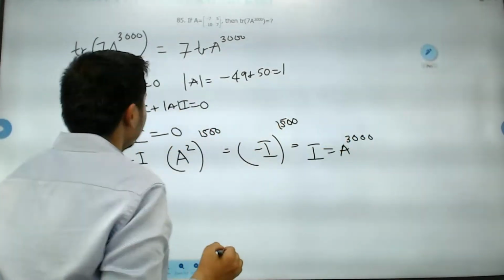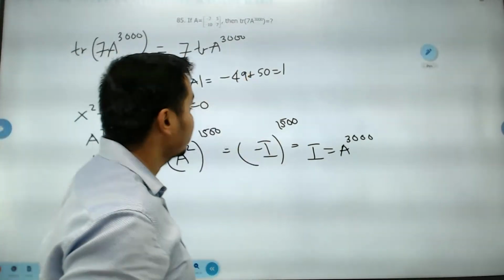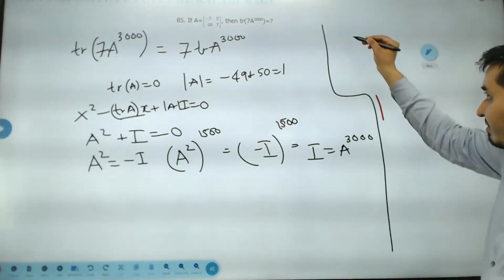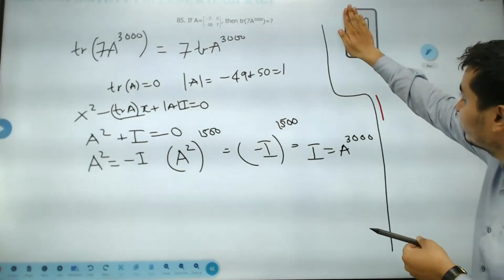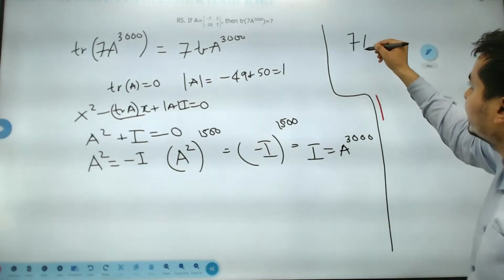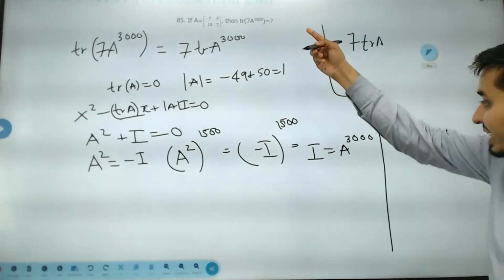So the trace of 7 times A raised to 3000 is 7 times trace of A raised to 3000. Now what is A raised to 3000?